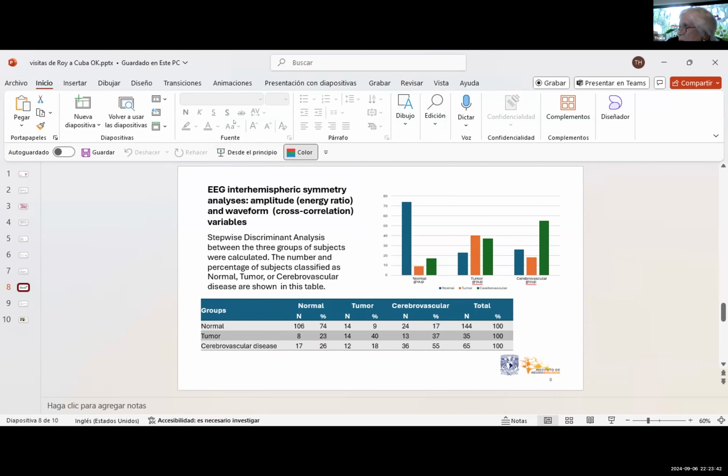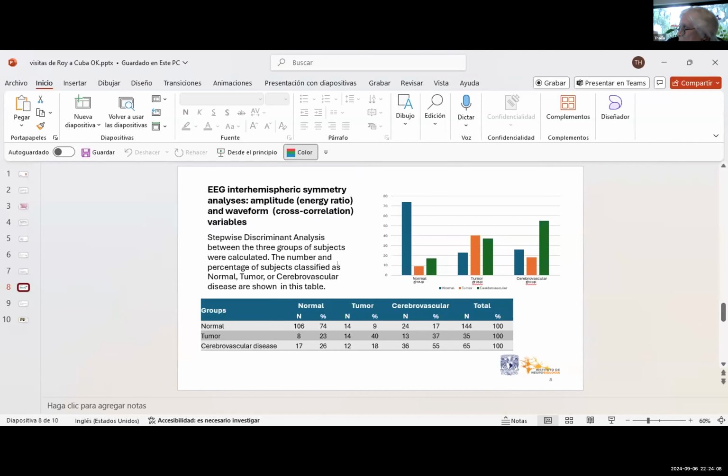We used this interhemispheric symmetry analysis and measured the amplitude, the energy ratio, and the waveform by the cross correlation. Using these variables, we proceeded to make a stepwise discriminant analysis between the three groups of subjects.